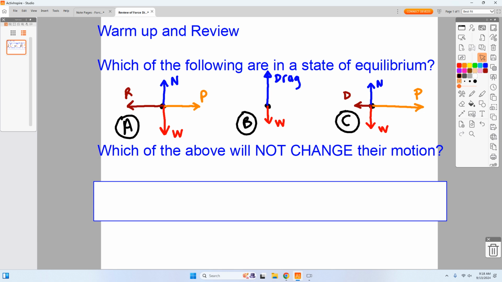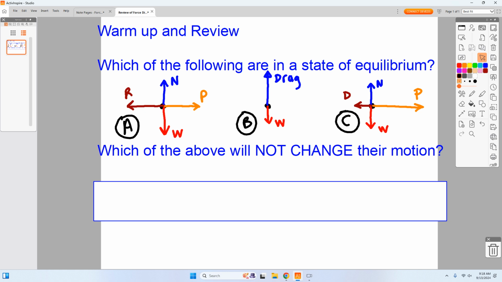That is literally the same question. It'd be A. That one would not change how it's moving. B would be, if it's like skydiving, sort of like slowing down. They pulled the parachute, and that would give them a higher drag force on their weight, and they'd be slowing down. C could be like someone pushing a car, and there's some resistance. That one would speed up going to the right.